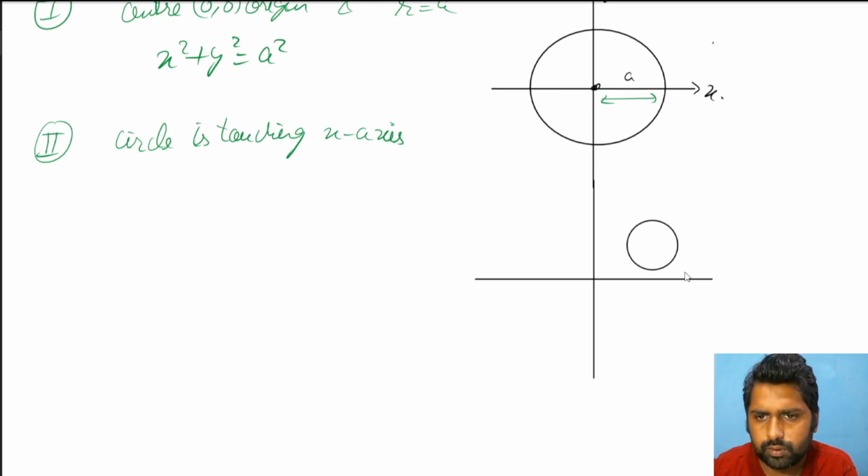So if we look at a circle, all right, this is the situation, y-axis, x-axis.